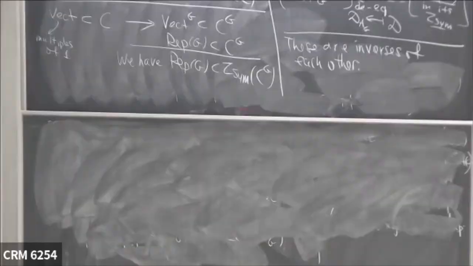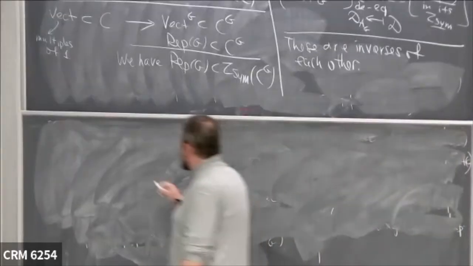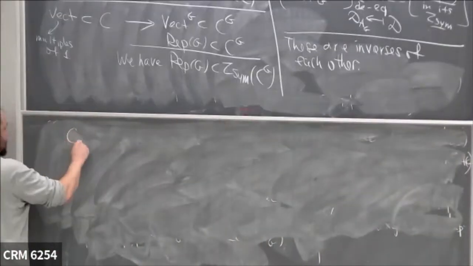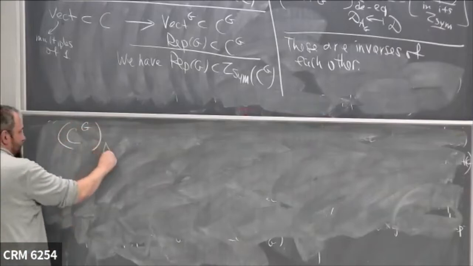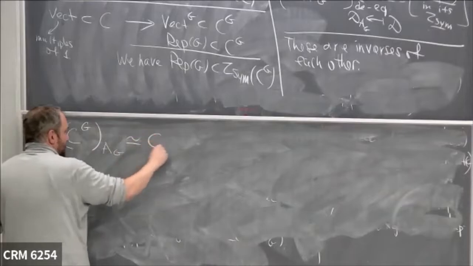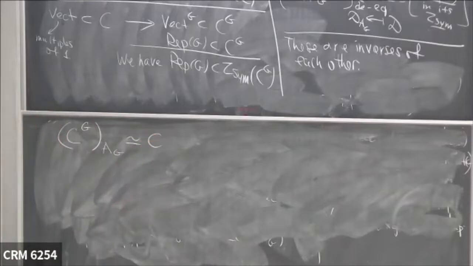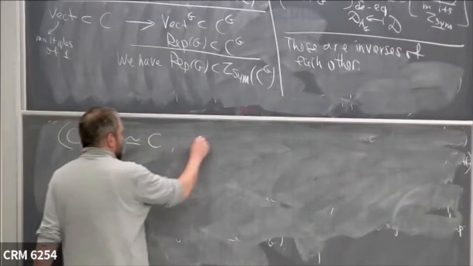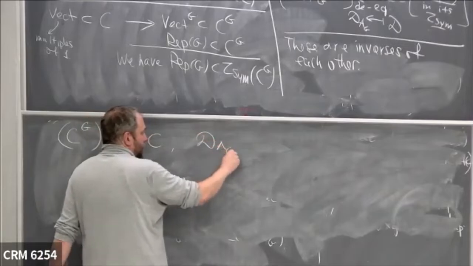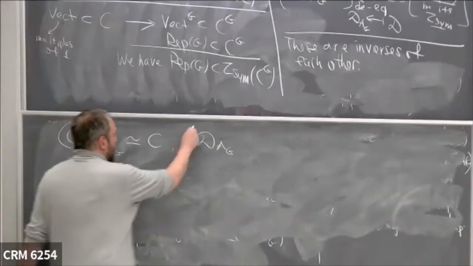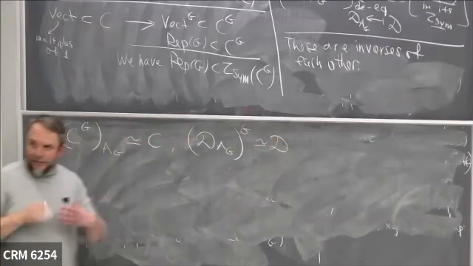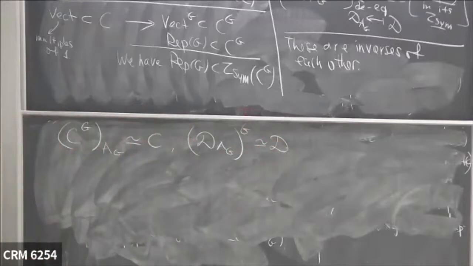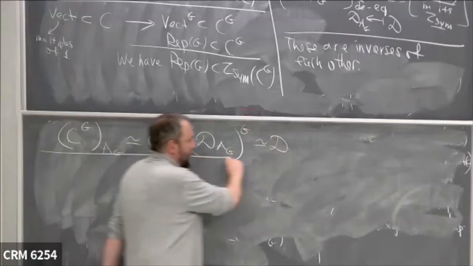So if you start with C, form de-equivariantization, and then apply equivariantization, the result is canonically equivalent to C. And in the opposite direction, if you start with D, form the category of modules, and then equivariantize it, you recover D again. So these are inverses of each other. Okay, so that's very good.